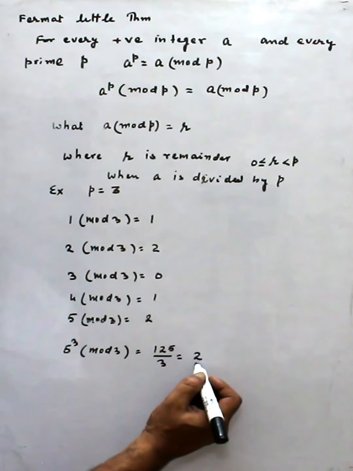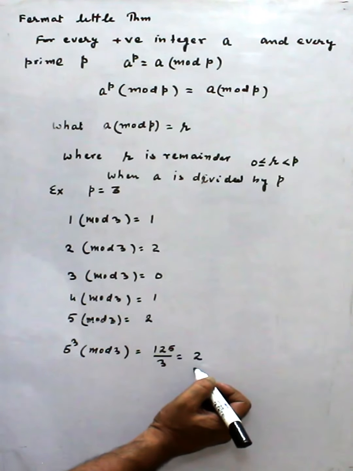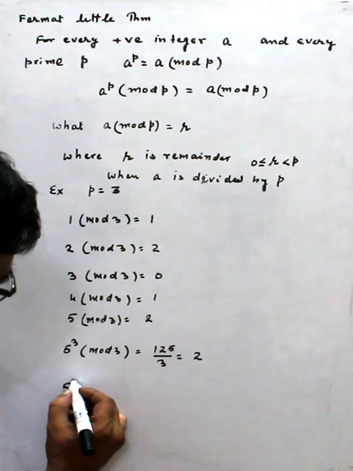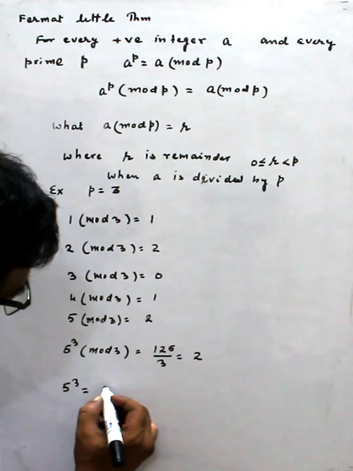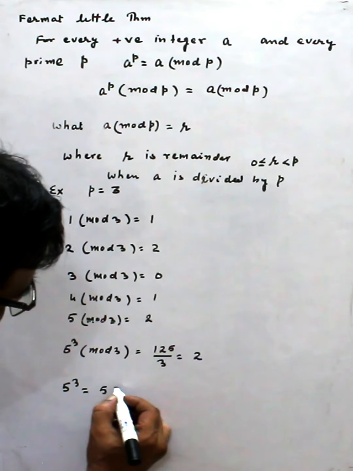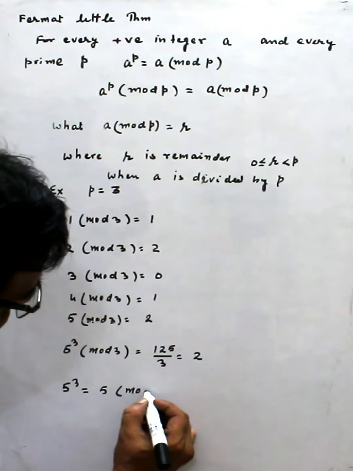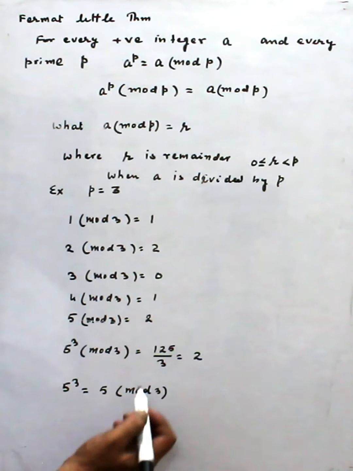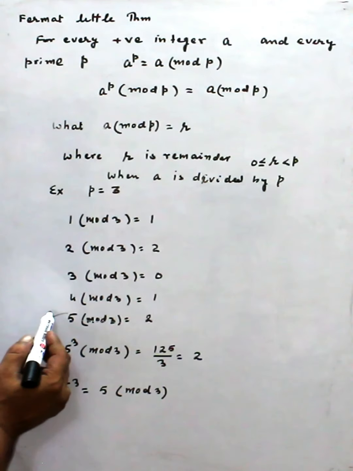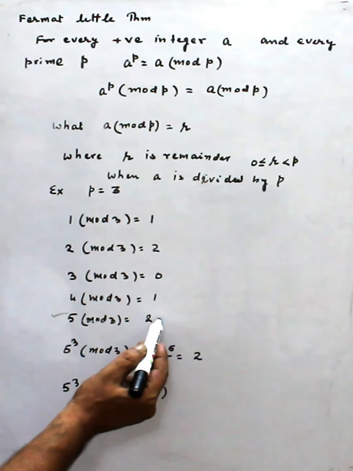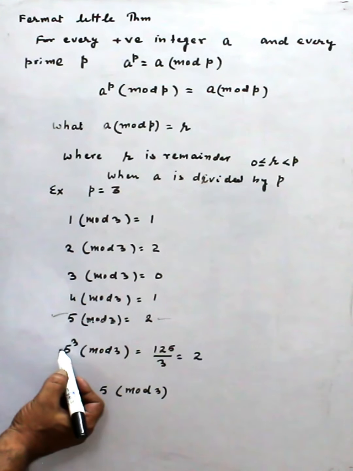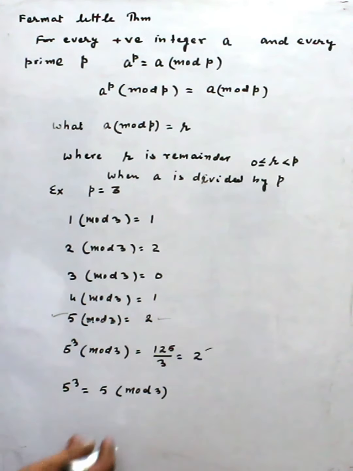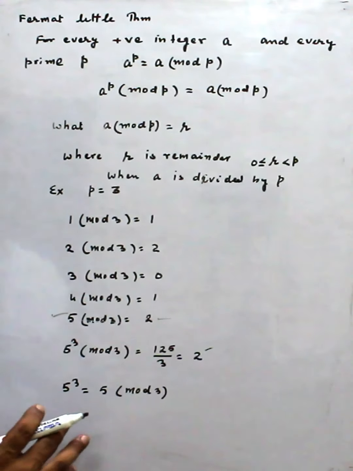Still I get the remainder 2, right? So in this case you can say 5^3 is equal to 5 mod 3, because when 5 is divided by 3 we get 2, and 5^3 divided by 3 we get 2. So this is the actual meaning.